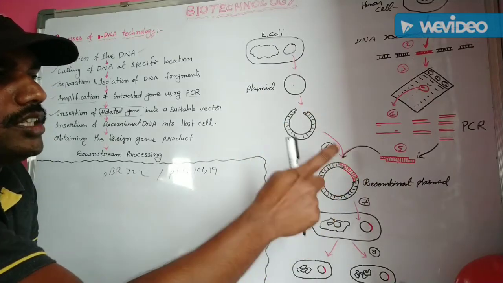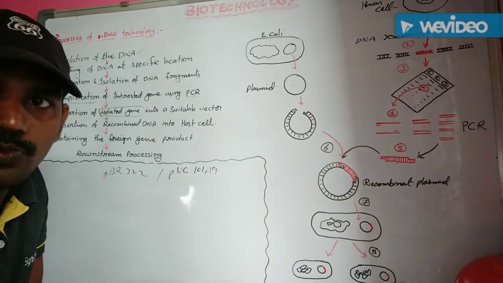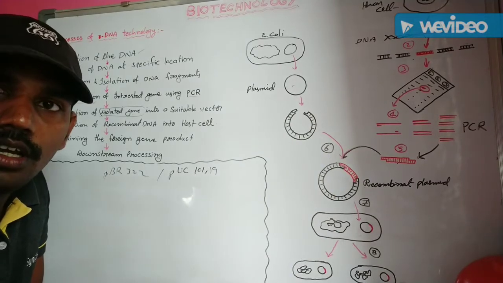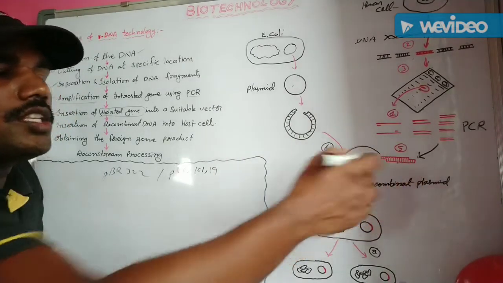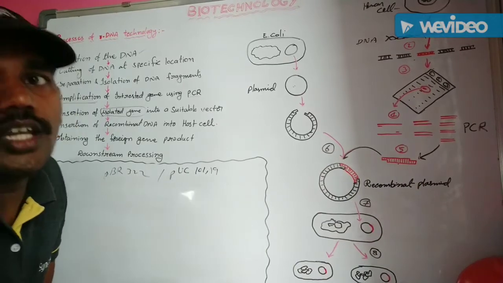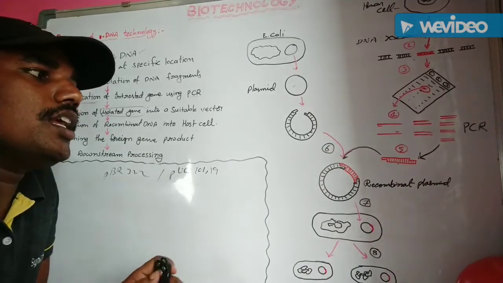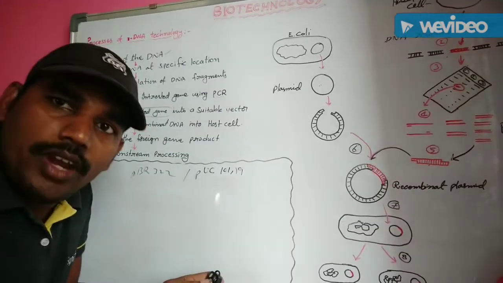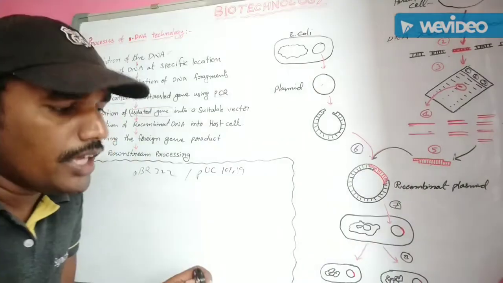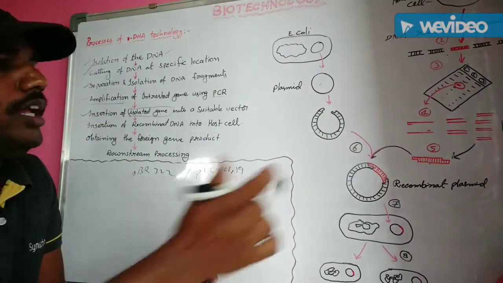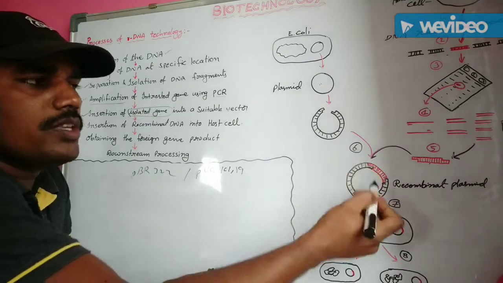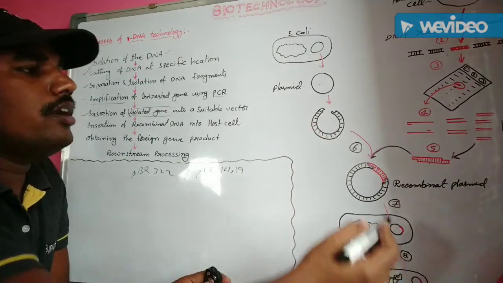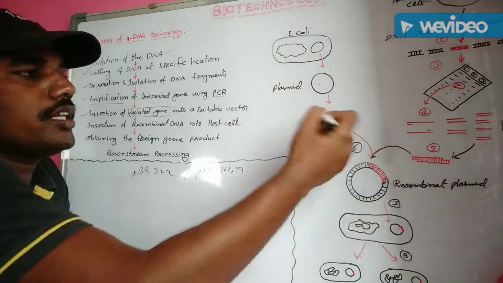After insertion, this plasmid is called a recombinant plasmid. This DNA is known as rDNA, recombinant DNA. A plasmid containing recombinant DNA is known as a recombinant plasmid. In this way, the recombinant plasmid, that is rDNA, is formed by insertion into the plasmid.